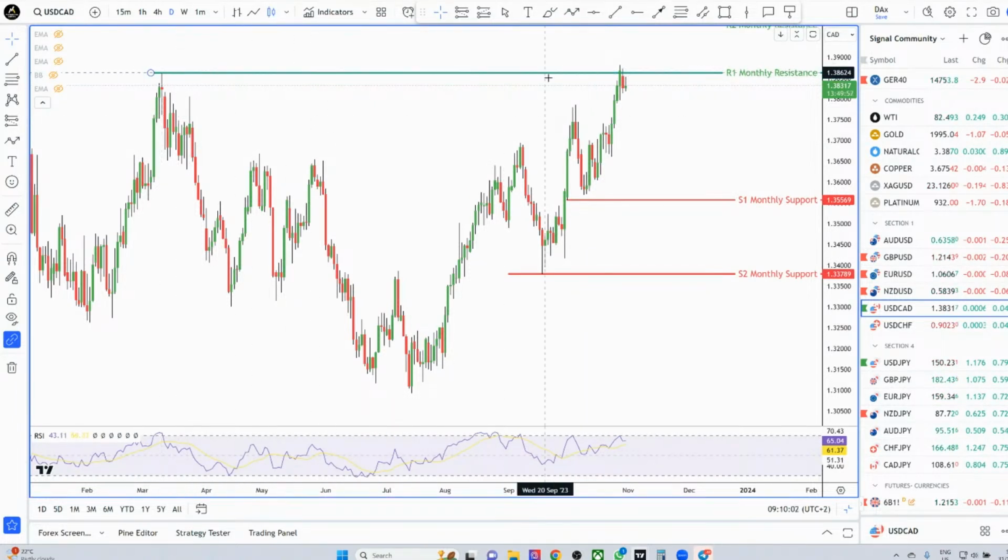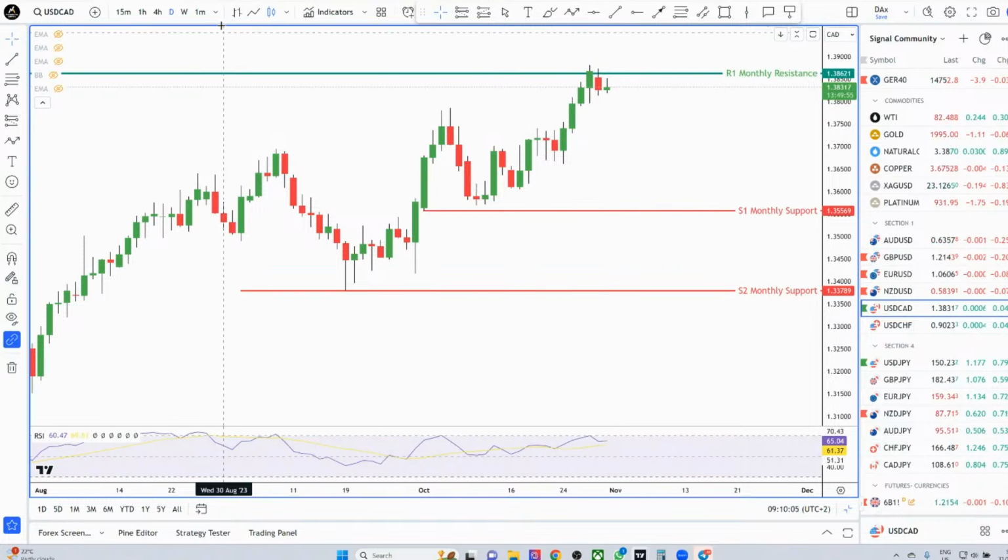USD Canadian dollar, previously that was a monthly resistance, and yesterday on the daily chart the price created an inside candle at resistance. That's very bearish. Anyhow, we do expect some retracement on the USD CAD. And if the pound and the euro get strengthened against the US dollar, maybe it's not because the pound and the euro themselves are strong, it's only because the US dollar is weak.